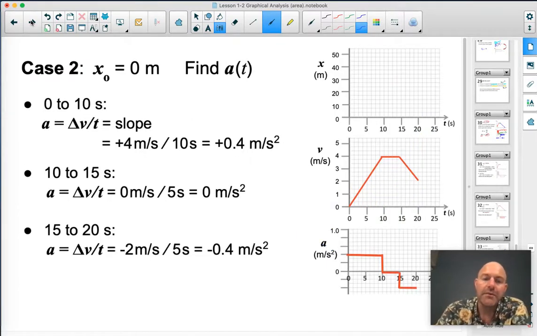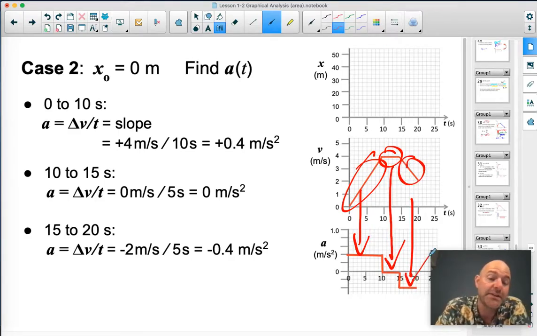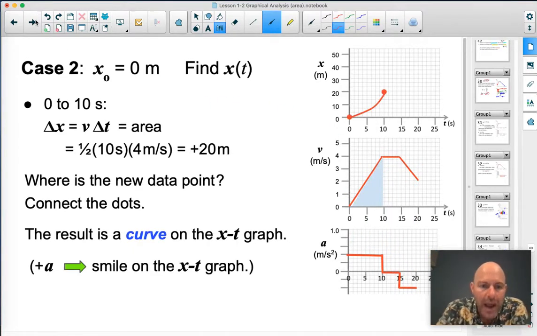Well, to find the slope of each segment, we've got 3 different segments here. We've got the first segment, which has a positive slope, the second segment, which has 0 slope, and the final segment, which has a negative slope, allowing us to draw these acceleration time graphs. To go the other way, though, we start with the area of this triangle, and that triangle has an area of positive 20 meters.